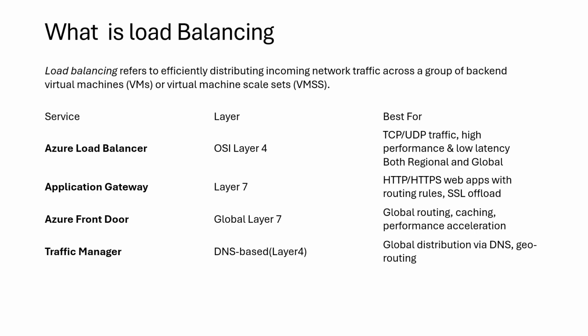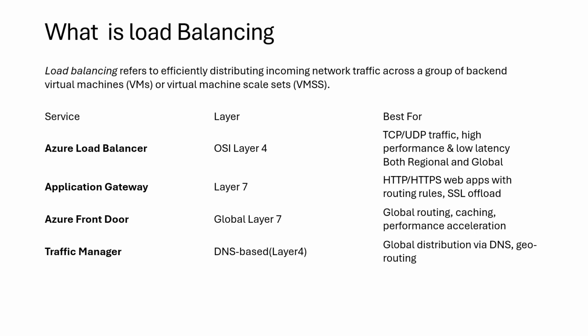Now, let's start discussing the various load balancing services provided by Azure, starting with Azure Load Balancer. Azure Load Balancer operates at layer 4, that is the transport layer of the OSI model, and handles inbound and outbound traffic across UDP and TCP protocols. It can be both regional and cross-regional.